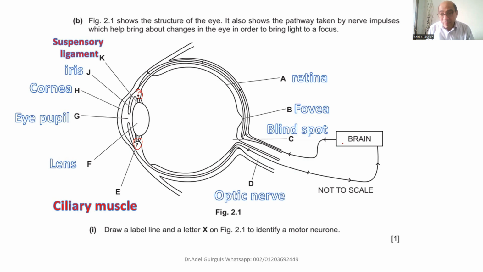So the brain is here, bringing impulses from the brain, here and here, to reach the ciliary muscle attached to the suspensory ligament and also to the lens. Look, X here identifies a motor neuron, this motor branch of the motor neuron.